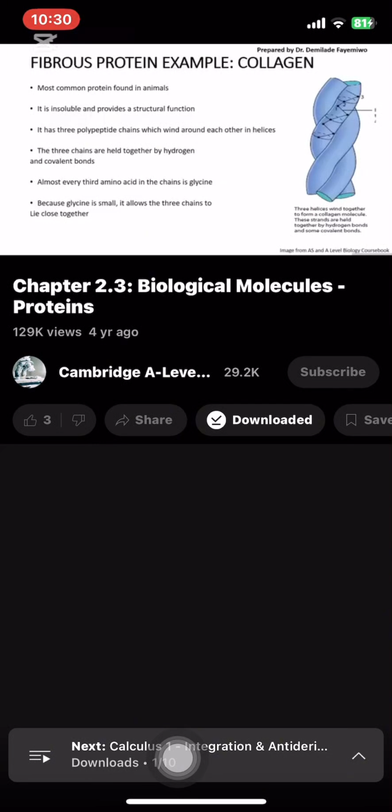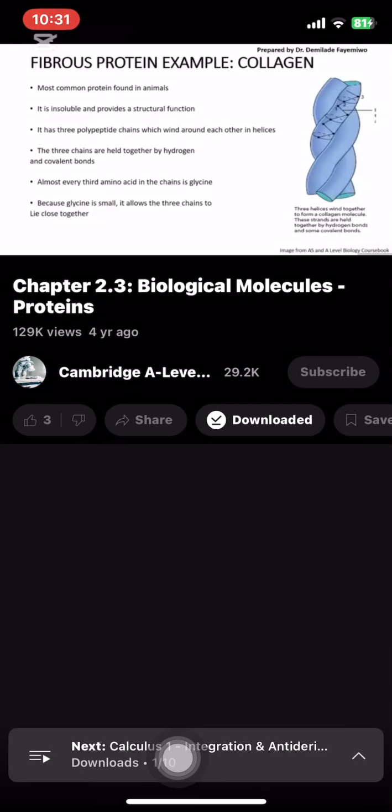Collagen also has 3 polypeptide chains which are wound around each other in helices, just like it is shown in this image over here. So if it has 3 polypeptide chains, what kind of structure is that? It is a quaternary structure because it has 2 or more polypeptide chains. The 3 chains are held together by hydrogen and covalent bonds, and almost every third amino acid in the chain is called glycine.